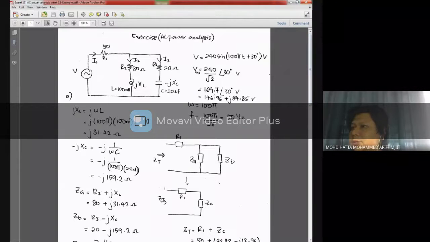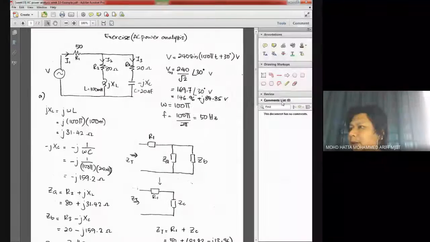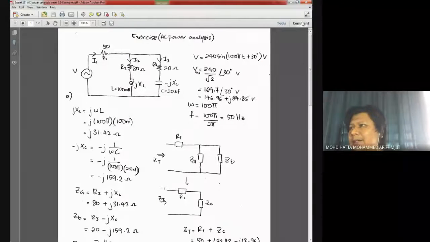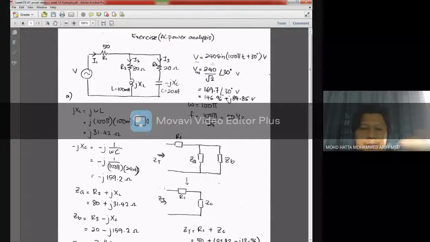All right, this is what I mentioned earlier about how we analyze, basically scanning through the question. The first one is about the voltage. Voltage in this case is given in sinusoid form, so we need to convert it into frequency domain form or polar form.